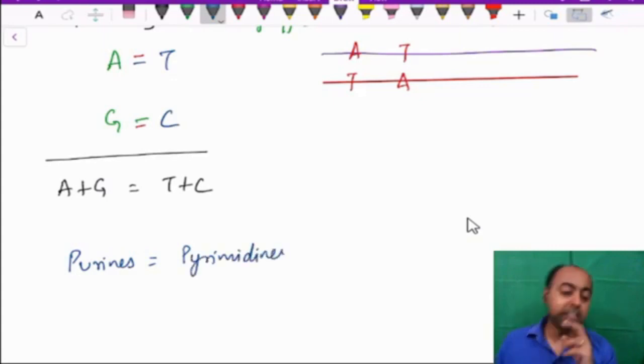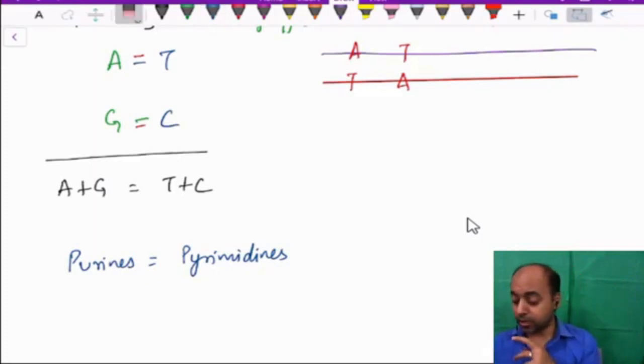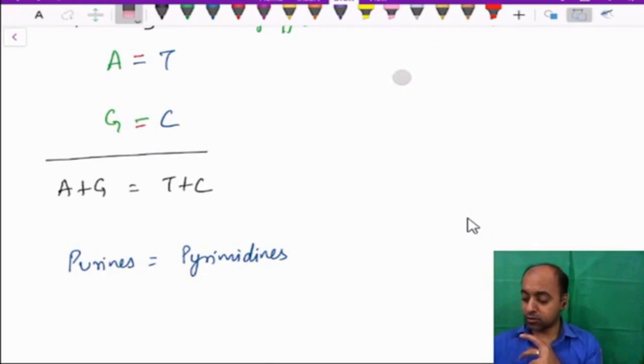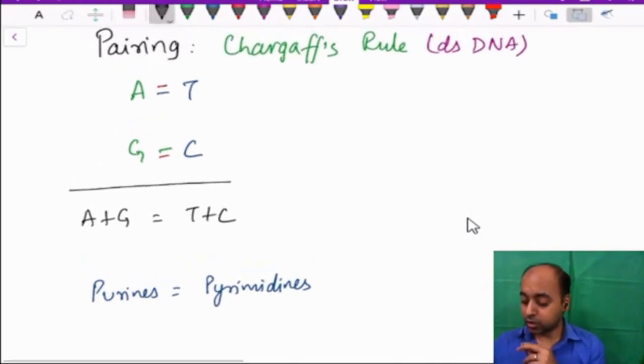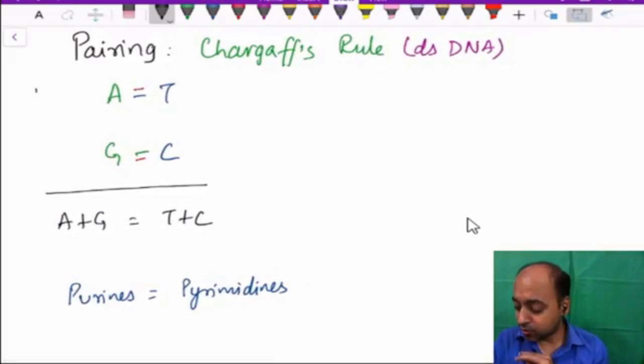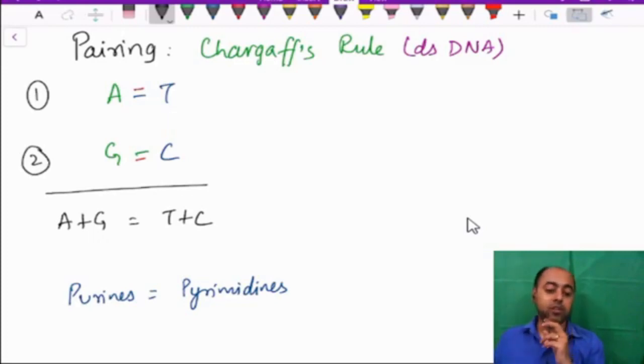So in double-stranded DNA, the amount of purine is equal to the amount of pyrimidine. So the two fundamental Chargaff rules are adenine equal to thymine and guanine equal to cytosine. A follow-up is the amount of purine equal to pyrimidine in the double-stranded DNA.